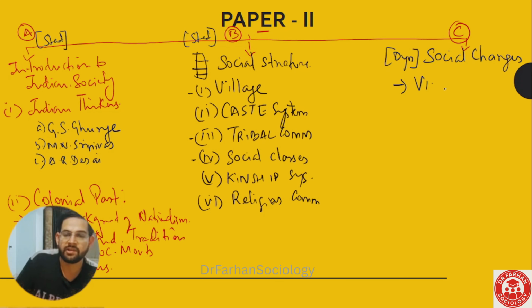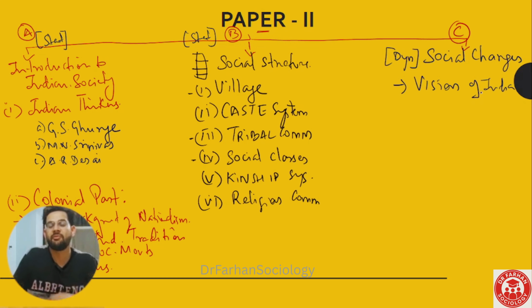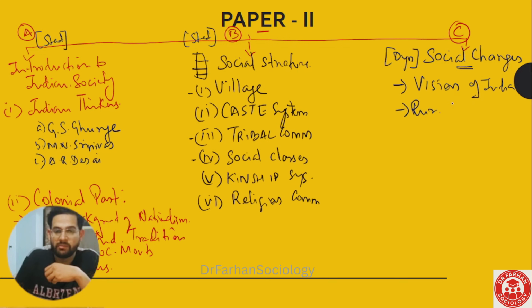And here, first of all, we will be discussing what is the vision of India that we are trying to establish. Why did it establish itself like a mixed economy? We will try to understand that. How the changes, how the social changes are coming in the rural India. So we talk about rural and agrarian transformations which are there. How the urban India is changing.